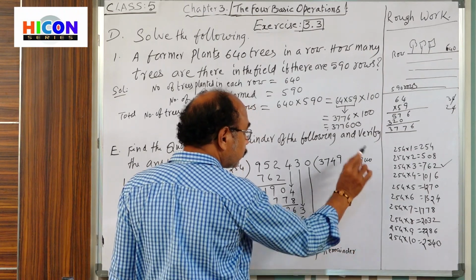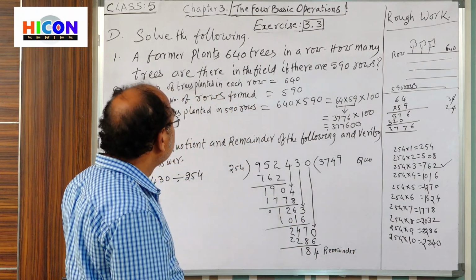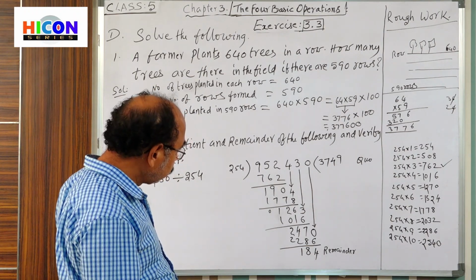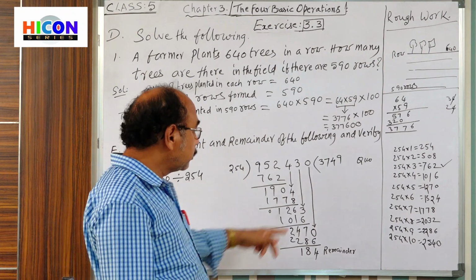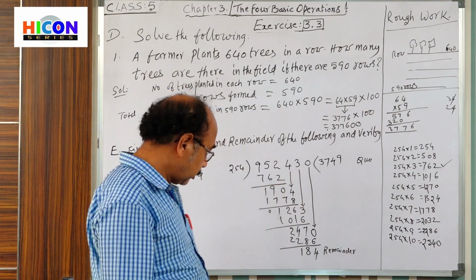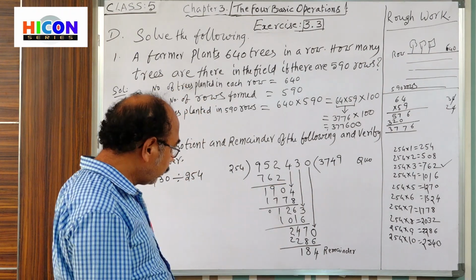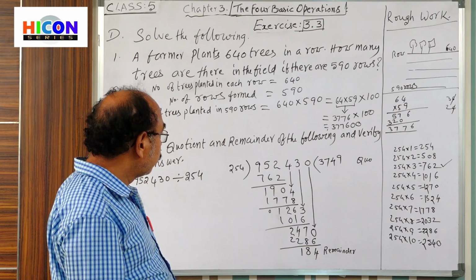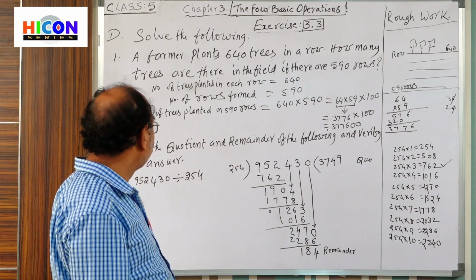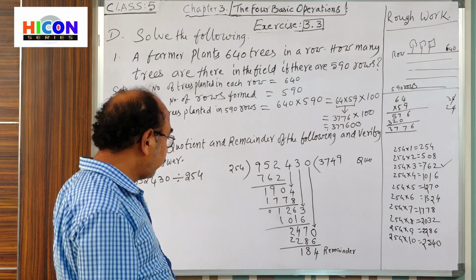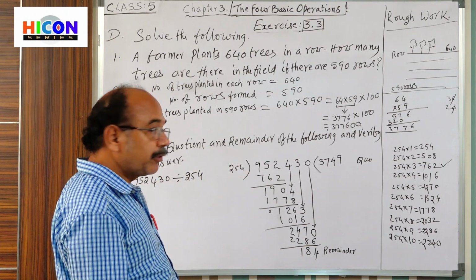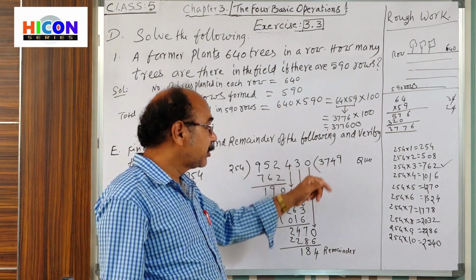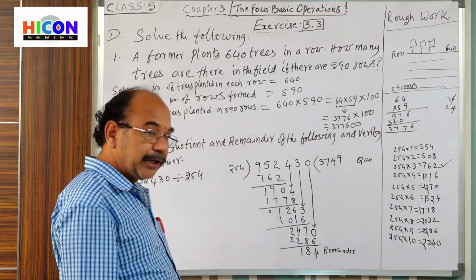Children, this is the question, and the division work is short. 3740 is the quotient. Remainder is 184. Verify. What do we do in verification? Verification means multiply divisor and quotient and add 184.